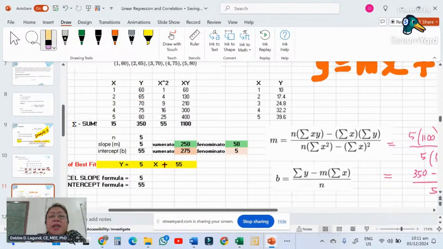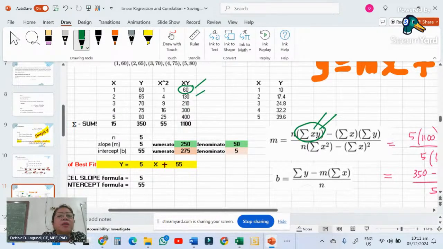And I need a summation of xy. What does it mean? You multiply the value of x to the value of y. So you have the xy here. 1 times 60 is 60, 2 times 65 is 130, 3 times 70 is 210, and so on.